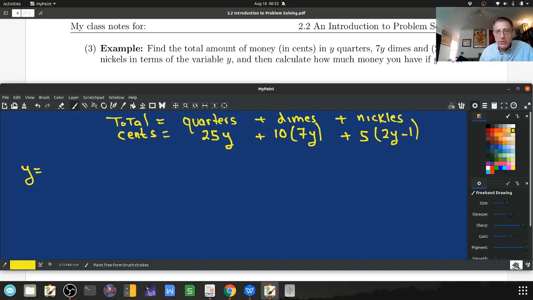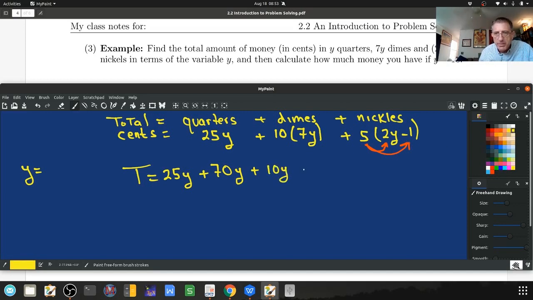So the total T is equal to 25Y plus 10 times 7Y is 70Y. And here I have to use distribution. 5 times 2Y is 10Y.